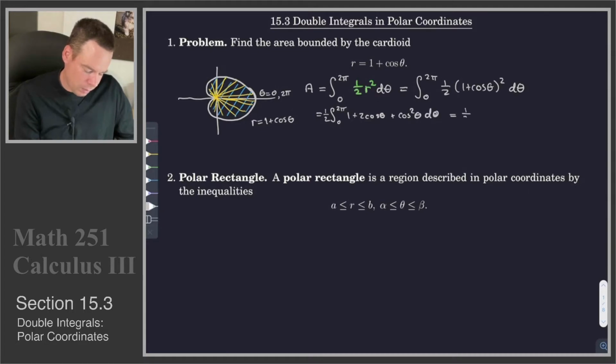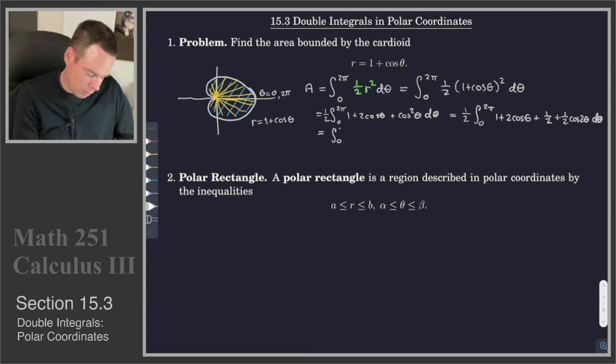Then we'd use a trig identity on that cos squared theta, because finding the antiderivative of cos squared theta is difficult. But if we use the trig identity that cos squared theta is 1/2 plus 1/2 cos 2 theta, the double angle identity, then it's not so bad anymore.